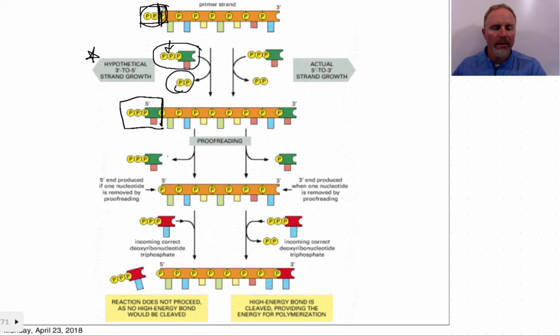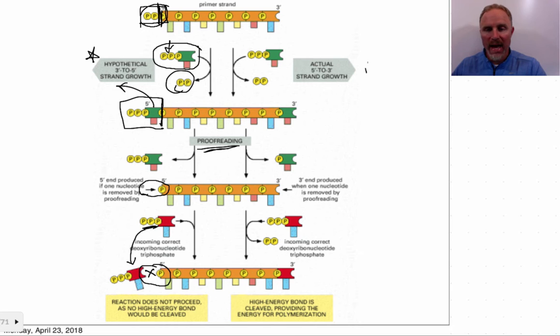Then the thing to keep in mind is that if that's the wrong one, we discover through proofreading that we have to take this one out. We have to get rid of it. Well, if we get rid of it now, we've got no triphosphate there. There's no energy. Even though we have one on this incoming one, there's no phosphate right here, so we don't have any way to add it. So DNA replication would stop and we'd have to start all over again.